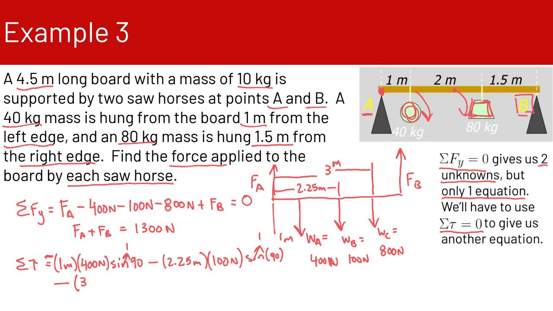So we have 3 meters, it's 800 newtons, and it is also at 90 degrees to the axis of rotation, so that's a 1. And then finally we have plus, and we have at 4.5 meters, because it's all the way at the edge, we have force B, and it's sine of 90. Running out of space here.